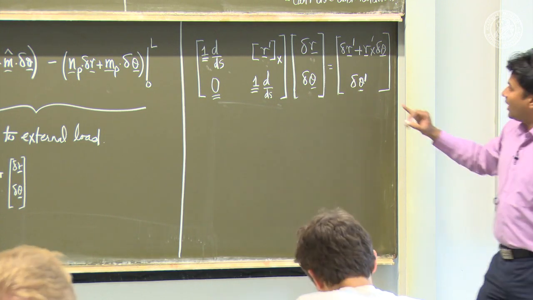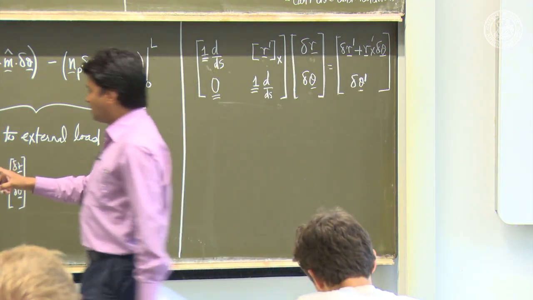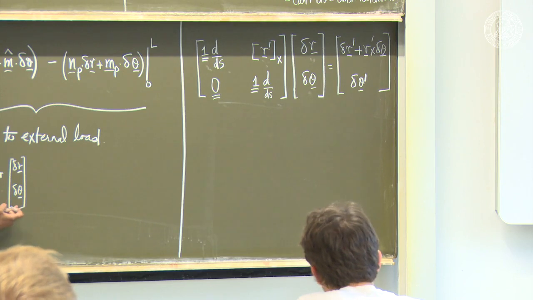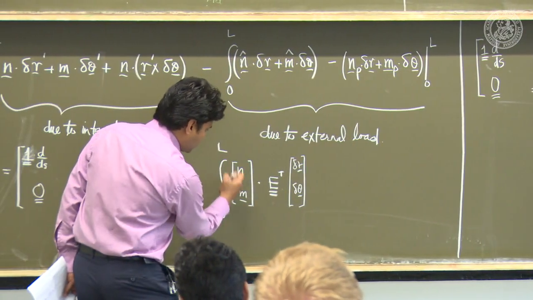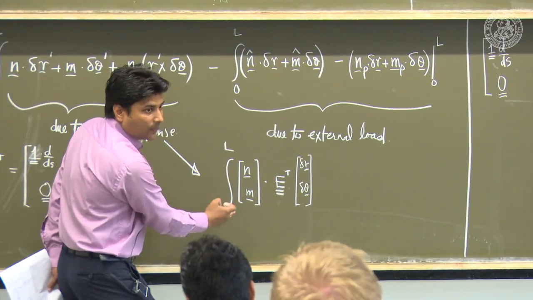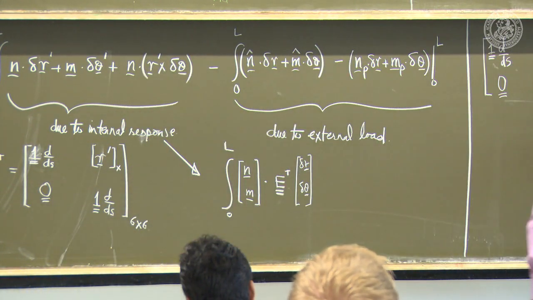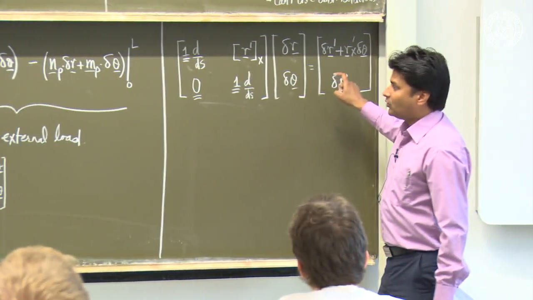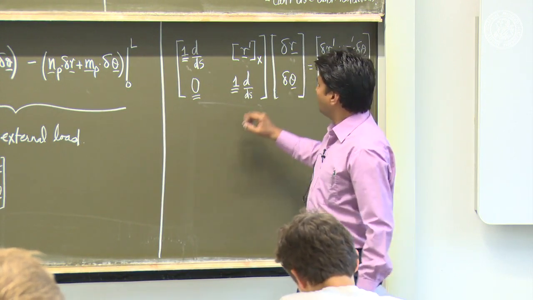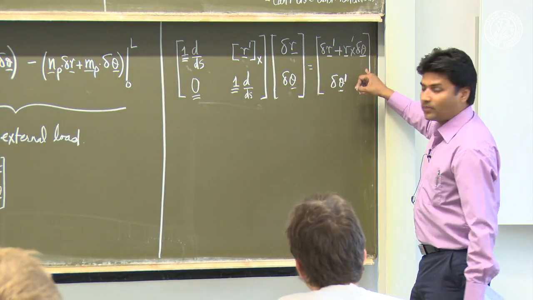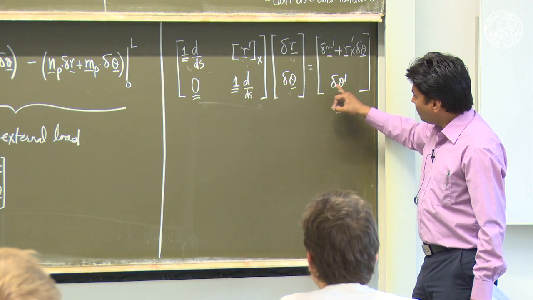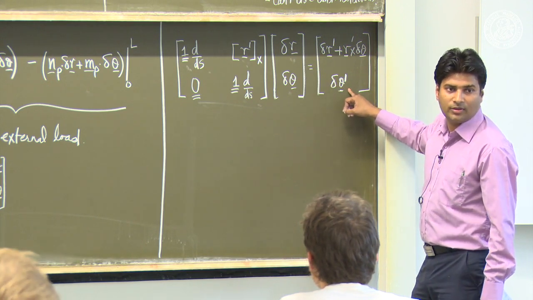Okay. And you see, once we have worked out E transpose into this, then you have to further multiply with this vector n m. So, when you dot this with n and m, what do you get? N dot the first term plus m dot this term here.